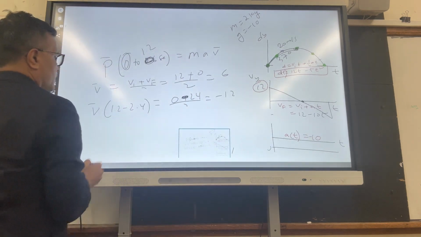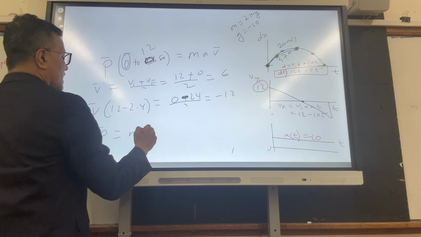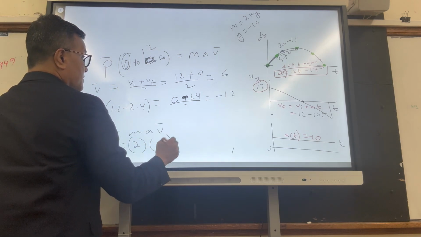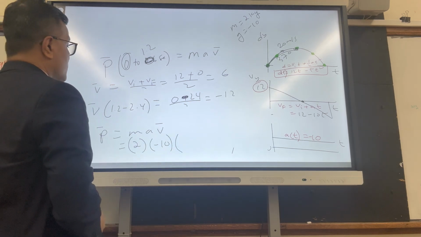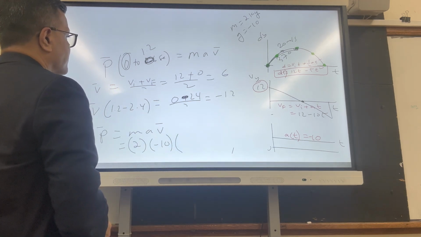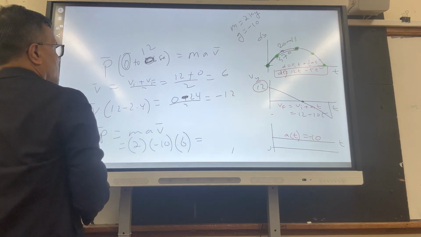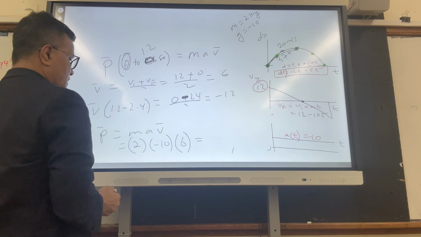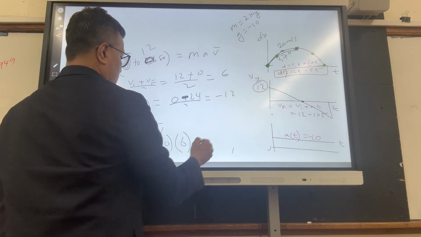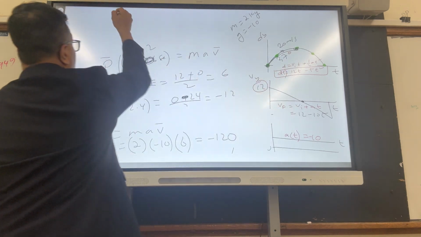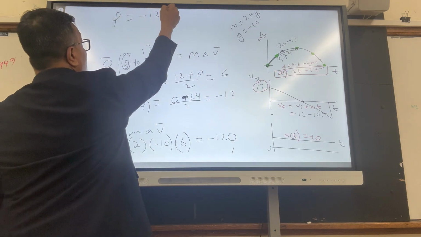So the power is MAV. M is 2, A is negative 10, and V is 6. So the power from 0 to 1.2 is negative 120.